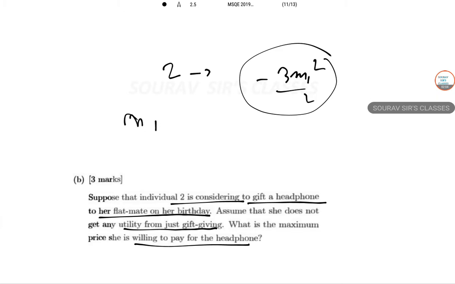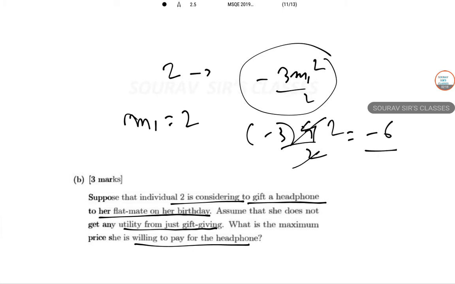Since m1 equals 2, that is minus 3 times 4 by 2, so minus 6. So this utility equals 6. Therefore the maximum she is willing to pay for the headphone is also 6.